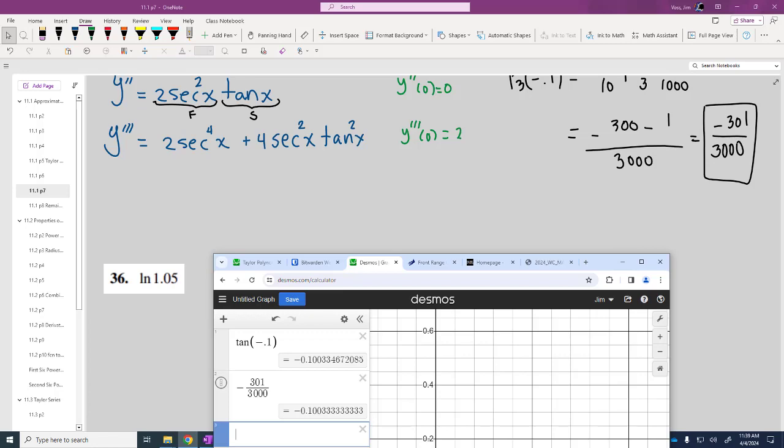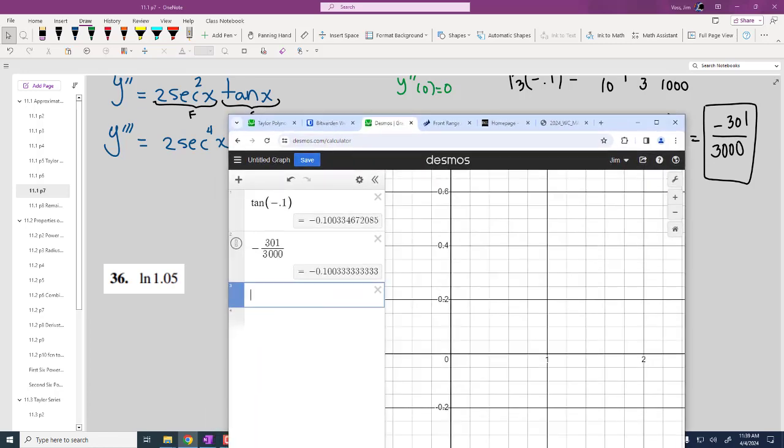So the absolute error, I think it's self-explanatory. It's just the difference between the two. So if we do tangent of negative 0.1 minus negative 301 over 3,000, whoops, I need to change the sign though, because minus is plus. That is almost the absolute error.